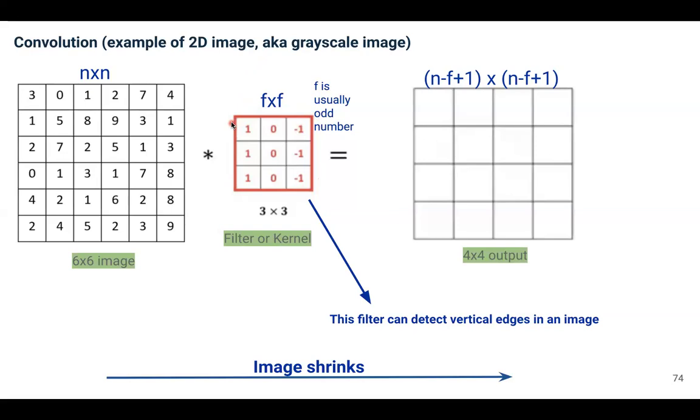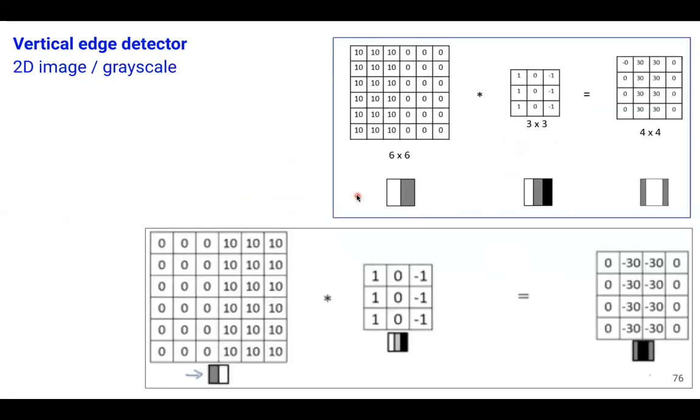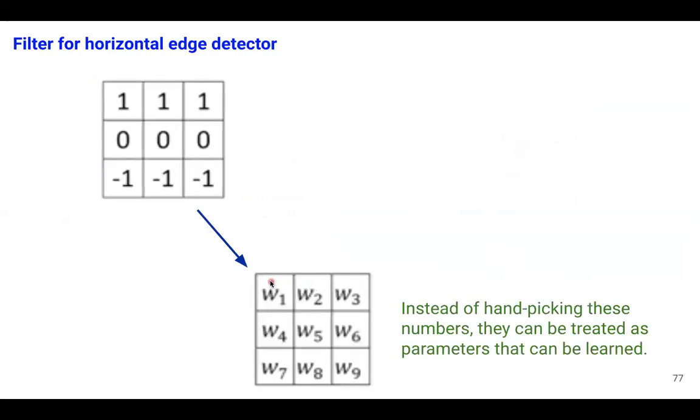However, for complex problems, as an example a car detector, the picture of a car or a picture of a flower, those are more complex things and you cannot really decide on your own how your filters would look. So in most realistic scenarios, people treat these numbers in the filters as parameters, which will be learned when you train the network.